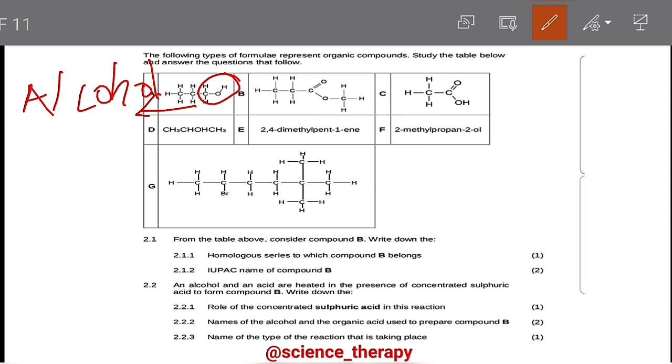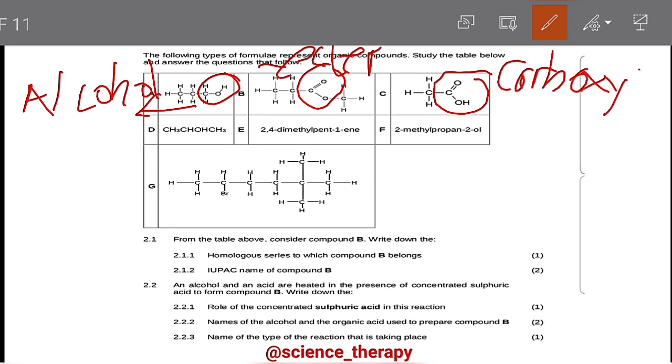Then from here we can see the ester link, which tells us that this is in the ester homologous series. Then when we come to compound C, we can see the carboxyl group, which tells us that this is in the carboxylic acid homologous series, right?